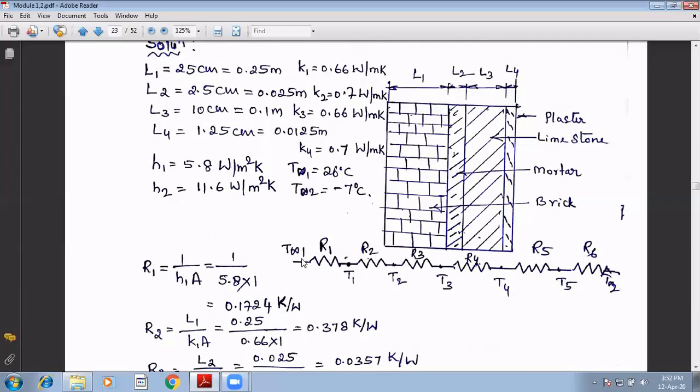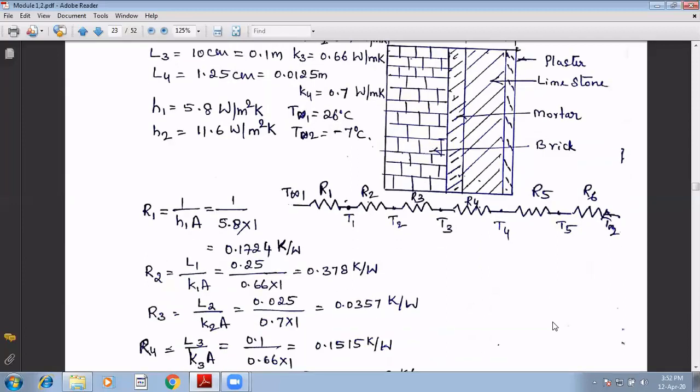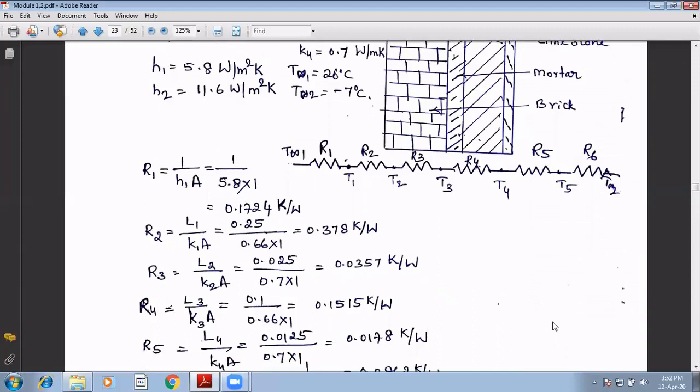So in total 6 resistances, R1 to R6, where R1 and R6 are convective resistances, R2, R3, R4 and R5 are conductive resistances. Now, area we need to consider to be 1. So R1 is 1 over HA, because we know that convective resistance is 1 over HA, area is 1, H at the interior surface is 5.8. That gives us 0.1724. Unit is degree Celsius per watt or Kelvin per watt.